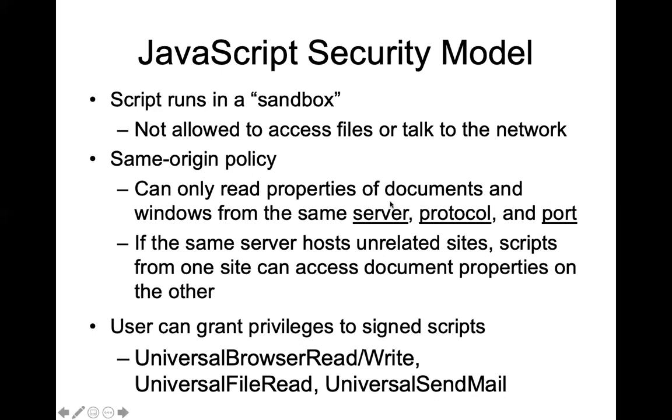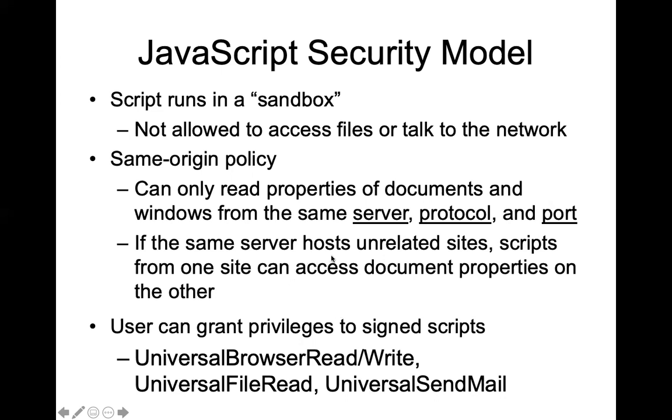Whenever JavaScript is trying to access, let's say, a cookie or any other artifact of that web page, this triple should match: the protocol, the host name, which is the server name, and the port should all match. If not, the content is not shared with the JavaScript code.